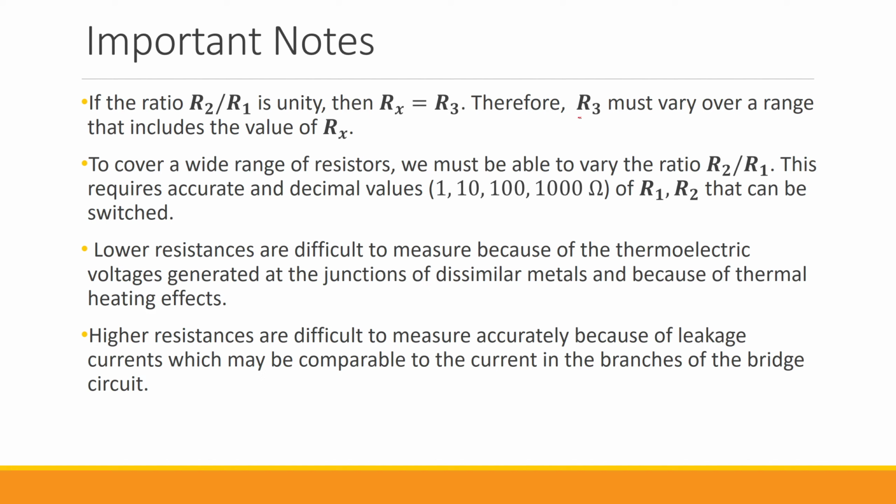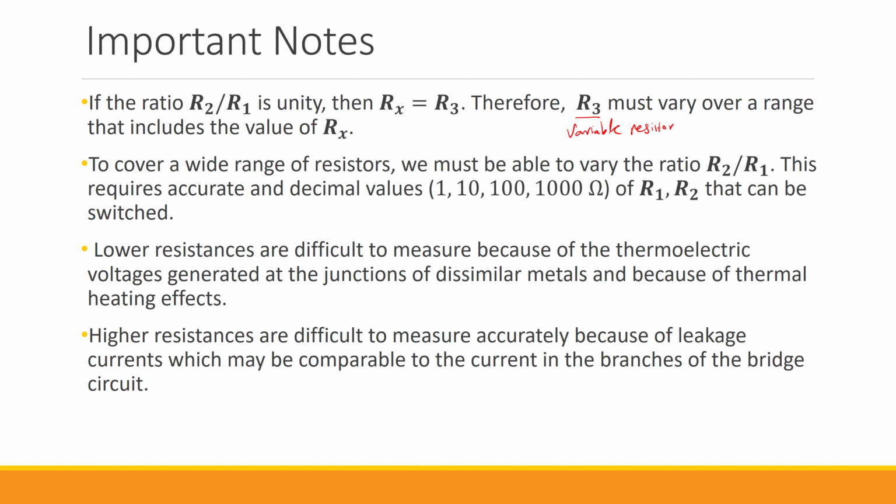Remember, this one was a variable resistor. If the range over which R3 is changing does not include Rx, when R2 over R1 equals 1, then you cannot find the value for Rx.